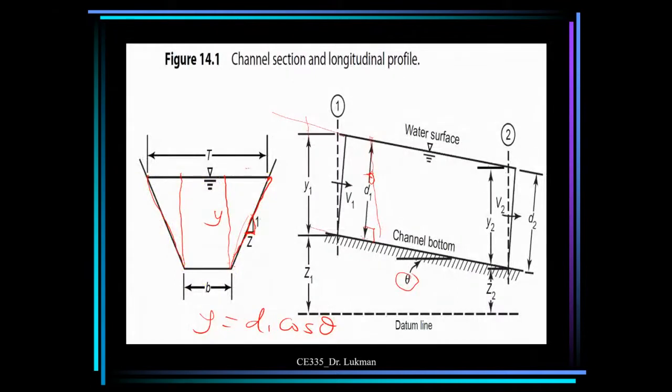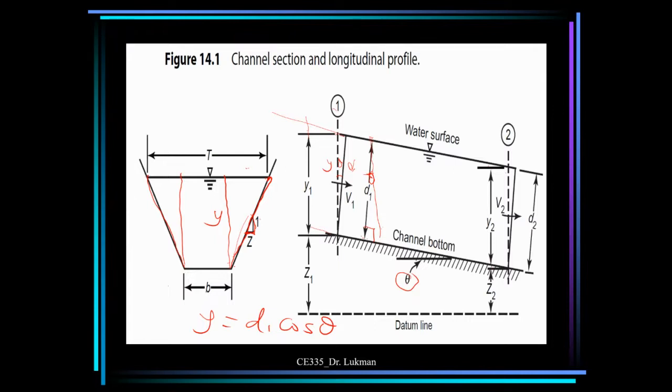So this is like a front view, and this is the side view of a channel. Two points, 1 and 2. This angle is theta. If this is d1, this is y, so you can resolve y along d.